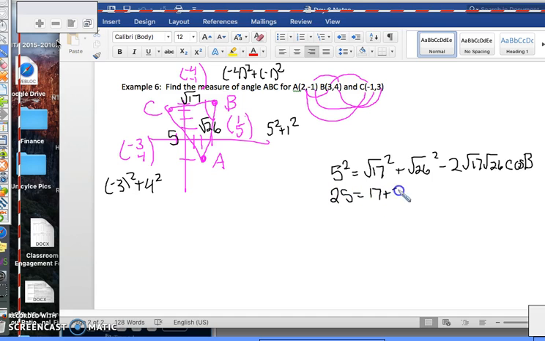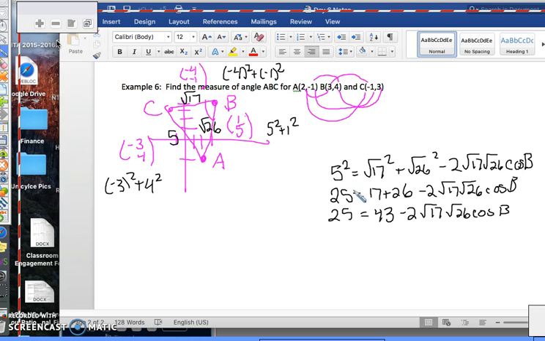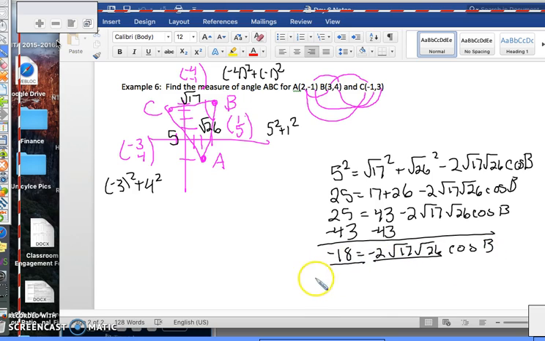25 equals 17 plus 26. So let's see, 17 plus 26, 43. Minus 43. So we have negative 18. Divide by all this.